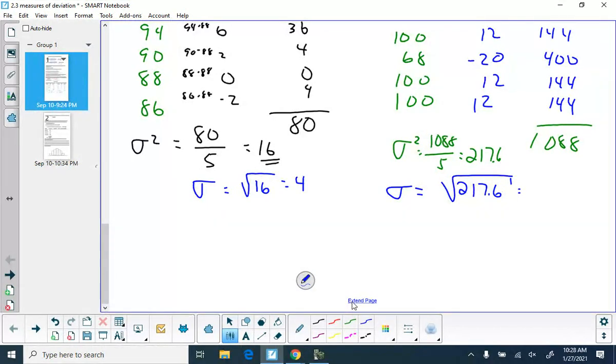And for the second set, the square root of 217.6 is 14.75. Once again, it's a relative concept.